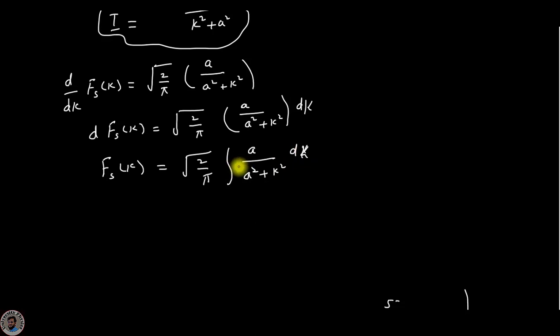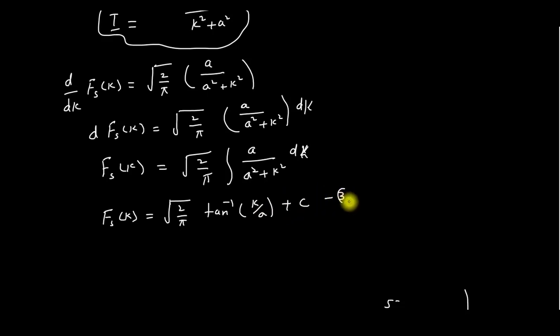Now friends, this integration is equal to tangent inverse k by a. So we will get f s k is equal to under root 2 divided by pi tangent inverse into k divided by a plus c. This is equation number 3.